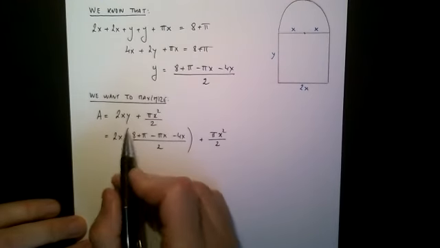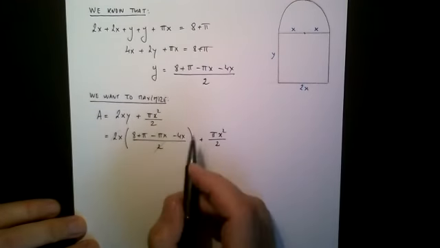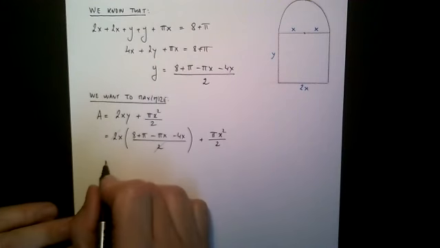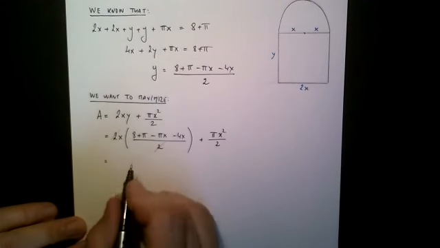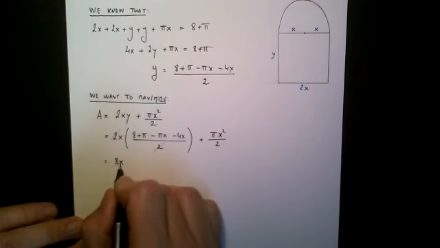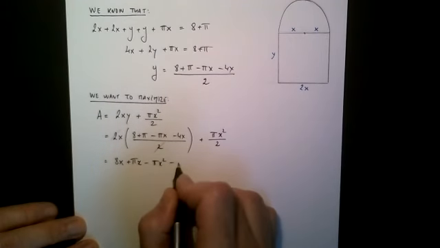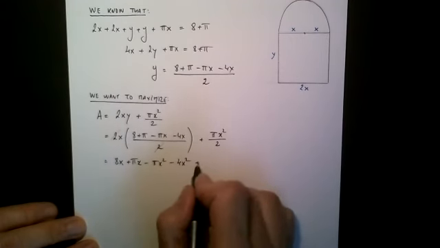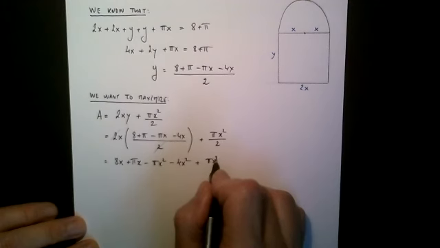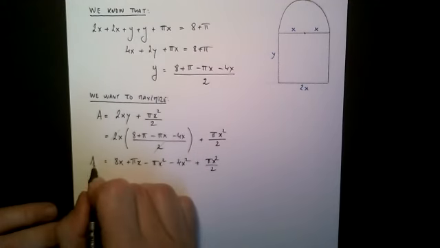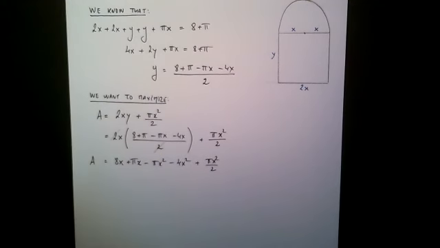Could do a bit of cleanup here, crossing out the 2's and distributing the x inside. So we'll have 8x plus pi x minus pi x squared minus 4x squared plus pi x squared over 2. This is my area that I wish to maximize.